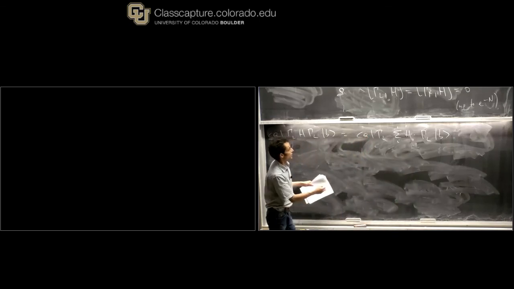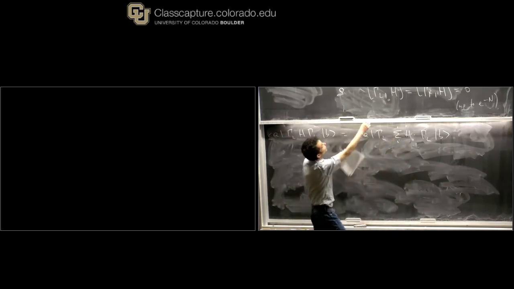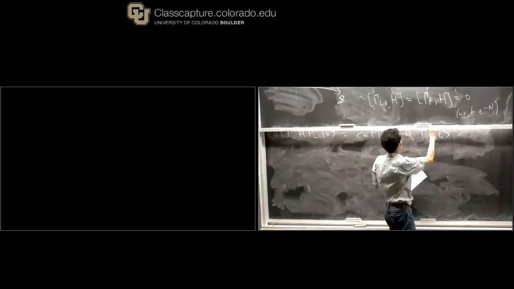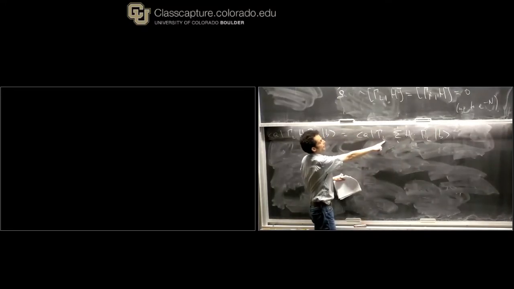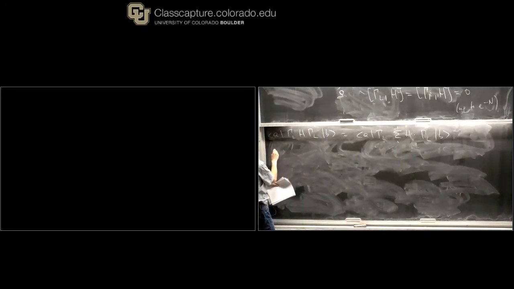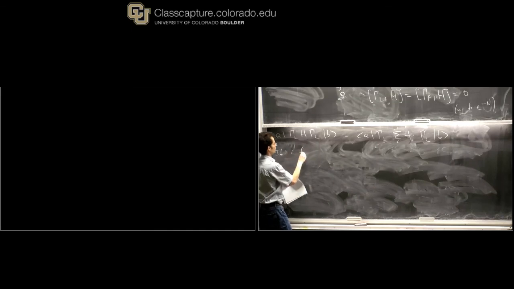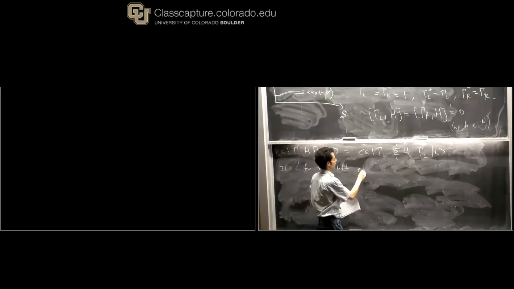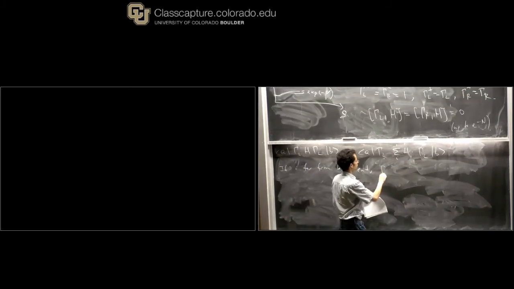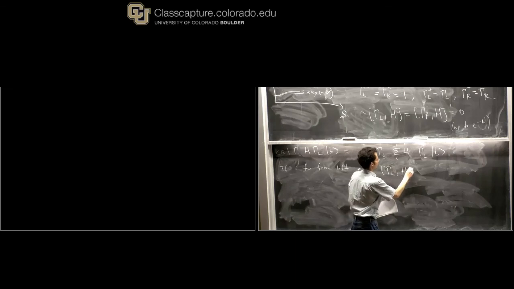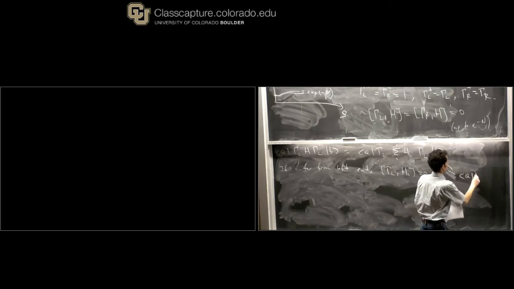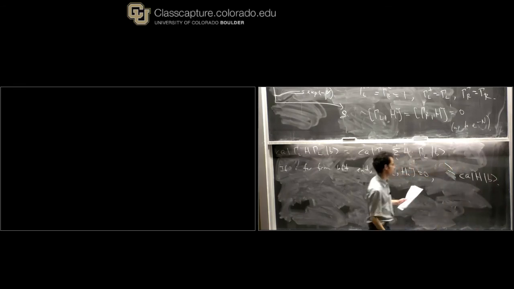Now, if i is far from the left end, then because gamma L is localized near the left end, it must commute. If i is far from left end, gamma L H_i equals H_i gamma L, and then we have that this is equal to A H B. Okay.